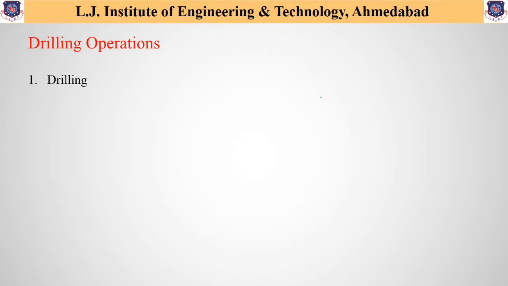If we draw a simple figure, if a hole of certain diameter is required on any component, then the drill tool is rotated about its axis and fed towards the workpiece to remove the material in the form of chips and to generate a hole of the desired shape and size. So this first operation is called the drilling operation.